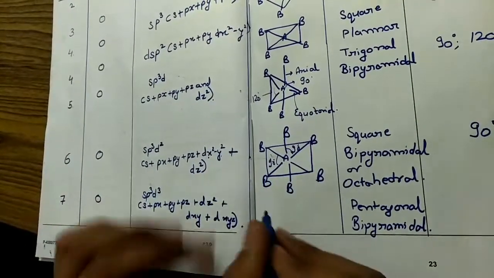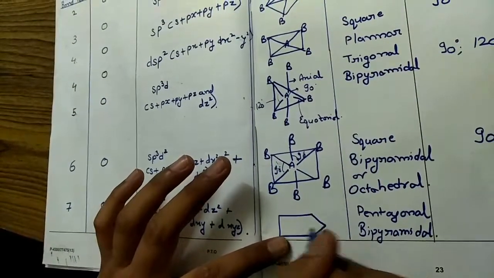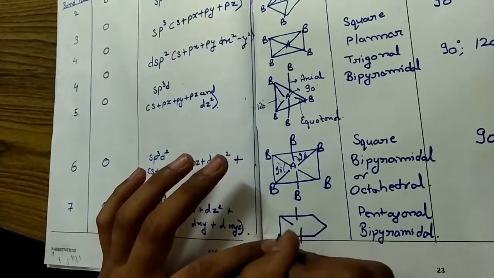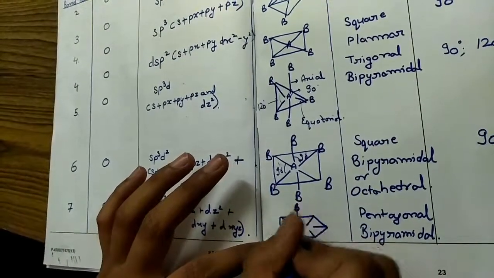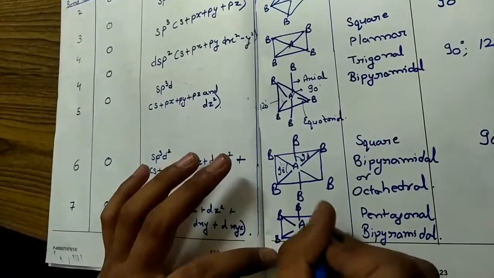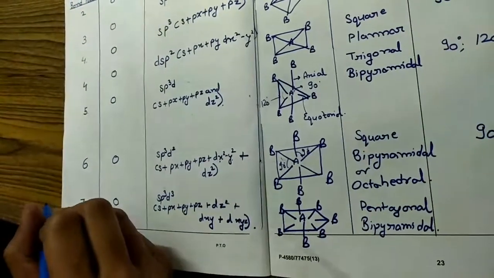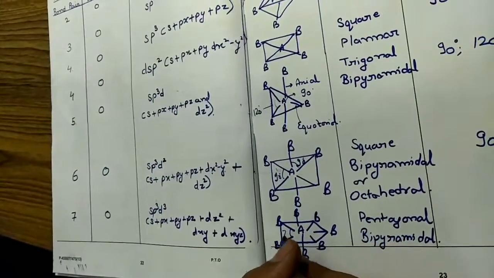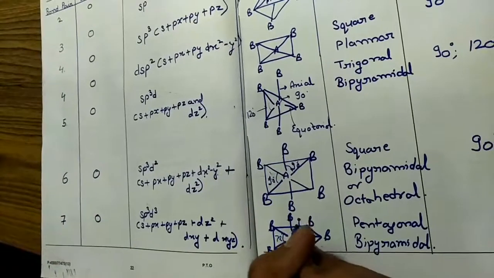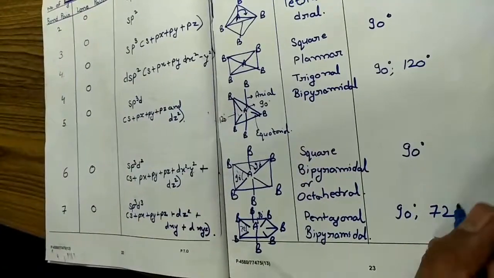It is represented as A with B, B, B, B, B around it. Here we have 2 categories of angles: this is 72 degrees and this is 90 degrees. So 2 angles, 90 degrees and 72 degrees.